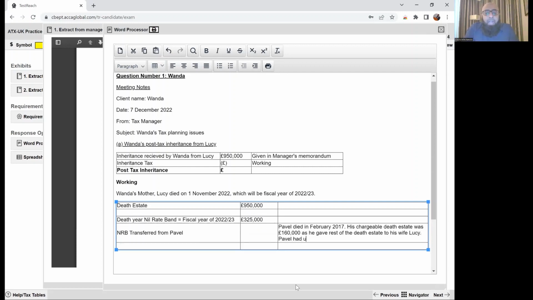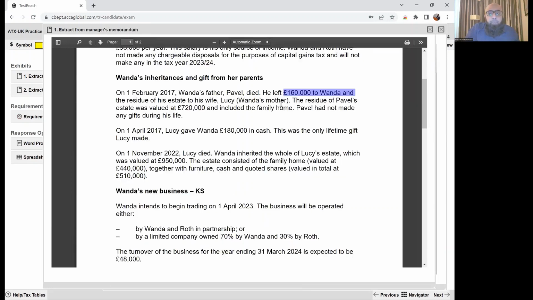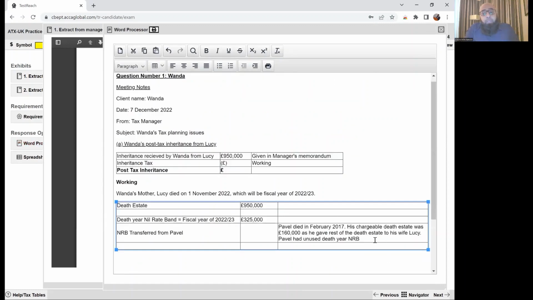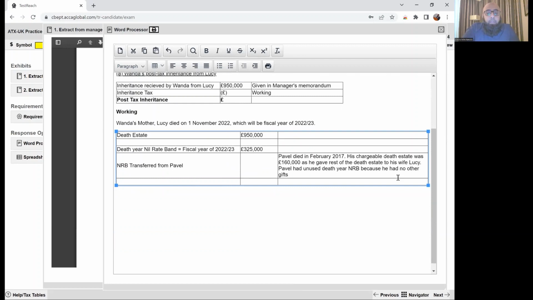Pavel had unused death year NRB. Because if you read the question, Pavel had not made any gifts during his life. Pavel had unused death year NRB because he had no other gifts.